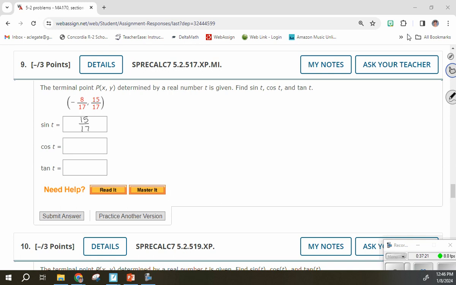What would cosine be then? Negative 8/17. Cosine is your x value. Tangent, how do we get tangent? Sine over cosine. So you're going to have 15/17 over negative 8/17, which is 15/17 times negative 17/8. So again, those cancel. You're going to end up negative 15/8.